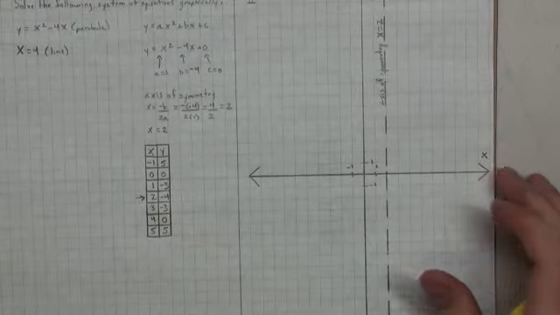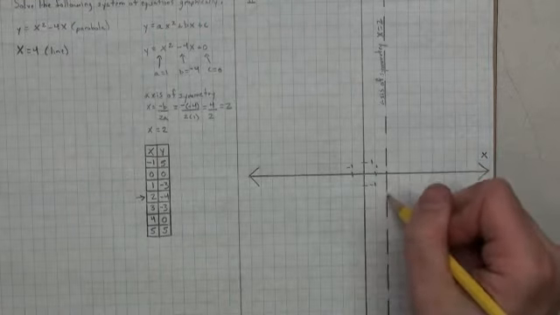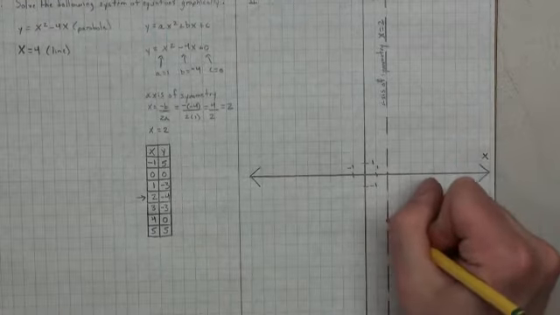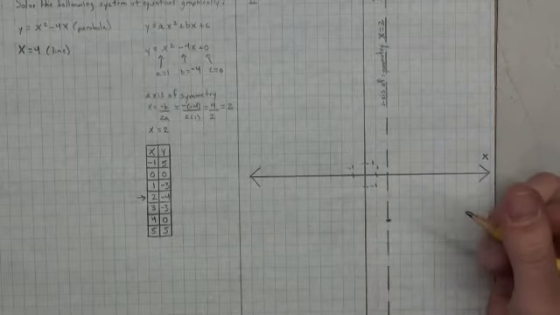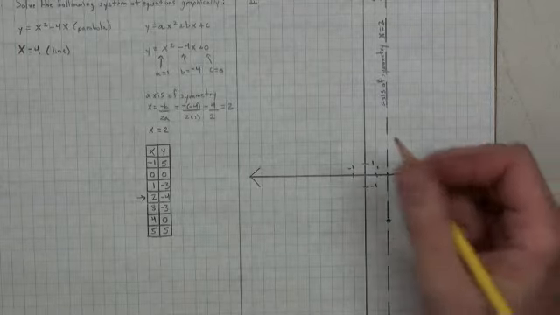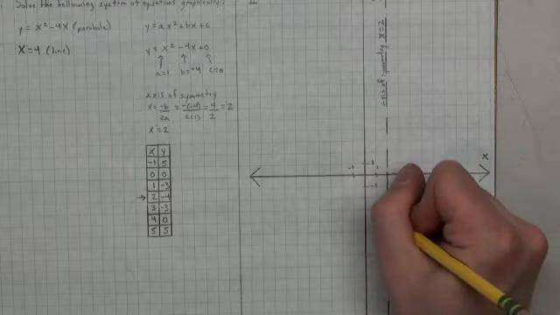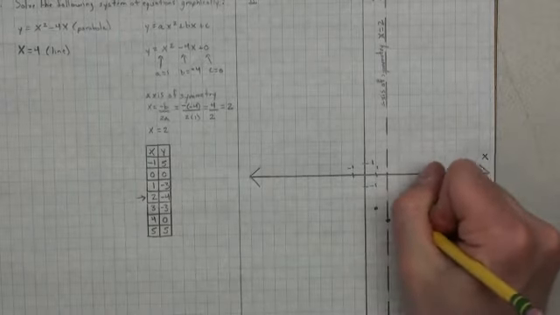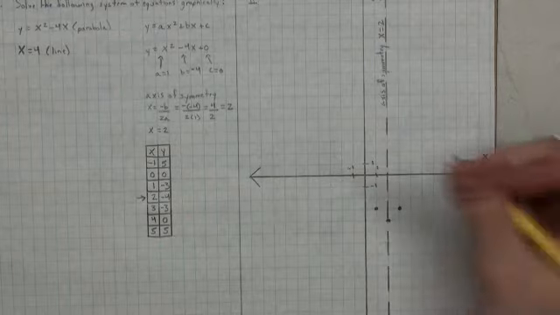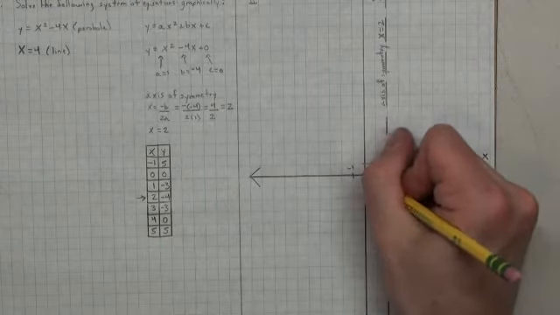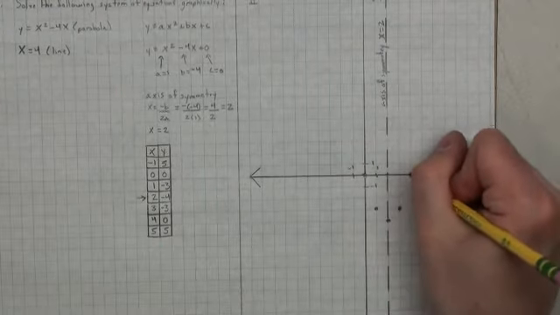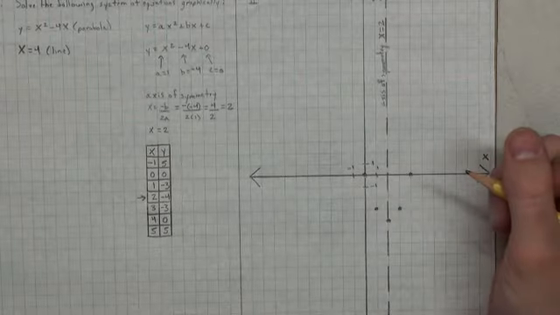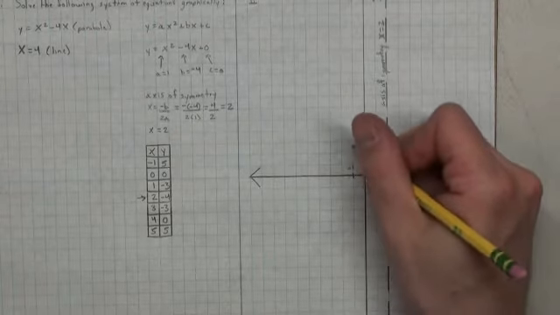First point, 2, negative 4. Then I have 1, negative 3, and 3, negative 3. Zero, 0, and 4, 0. Negative 1, 5, and 5, 5.